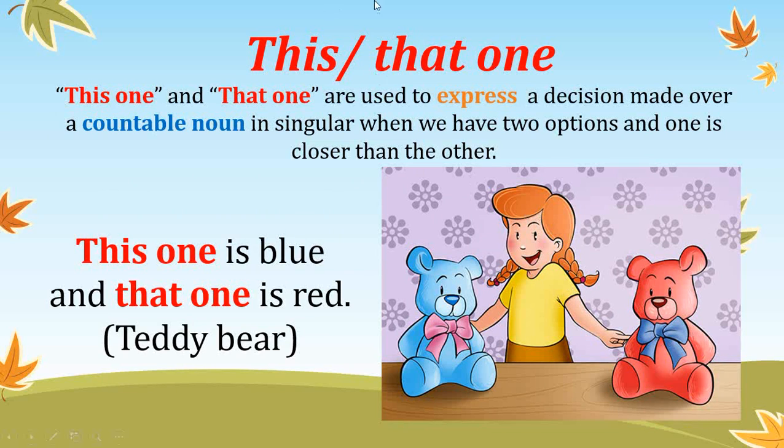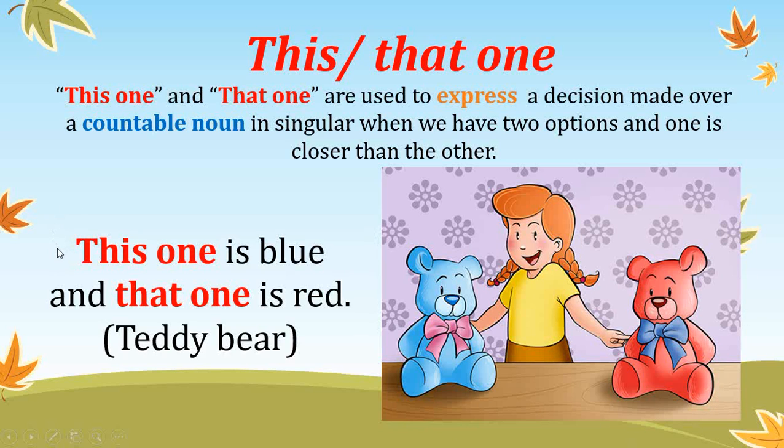Now, this other phrase or structure, this one or that one, they are used to express a decision made over a countable noun in singular, when we have two options and one is closer than the other. If we look at the picture, we have a girl with two teddy bears, a blue one and a red one.